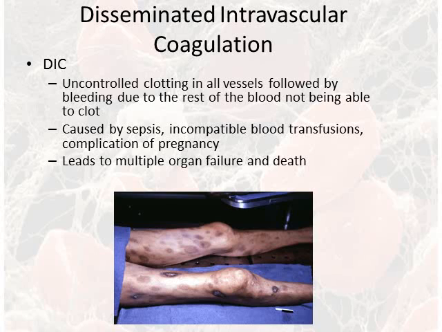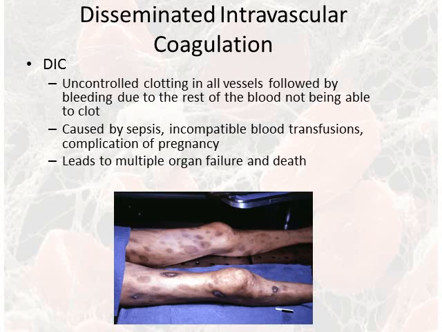This one's called DIC, or disseminated intravascular coagulation. This is a very serious condition that will most likely kill the person if it happens. What happens here is uncontrolled clotting in all the blood vessels. For some reason, all of your blood starts clotting at the same time. This leads to clogging of blood flow, which leads to cell death, which leads to tissue death, which also leads to rupture of blood vessels.